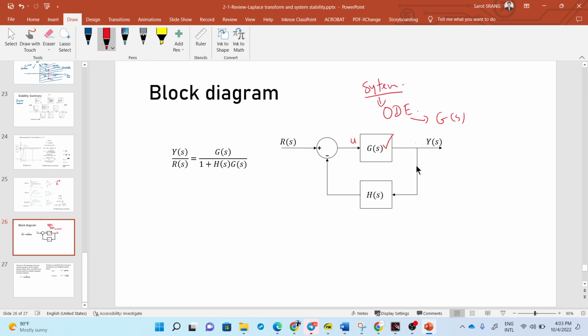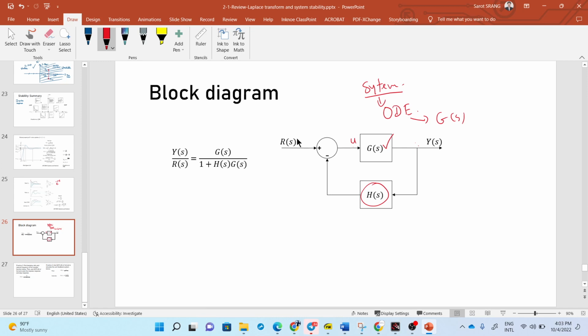And in this case, let's say you use a sensor to measure the output, and your sensor could be a dynamic system as well, right? For example, if your sensor involves a spring, or for an electrical system, maybe the sensor has an inductor, capacitor, and resistor, then it's also a dynamic system.